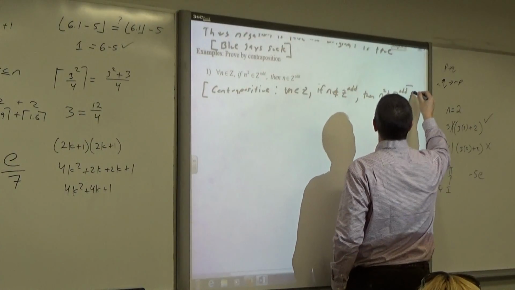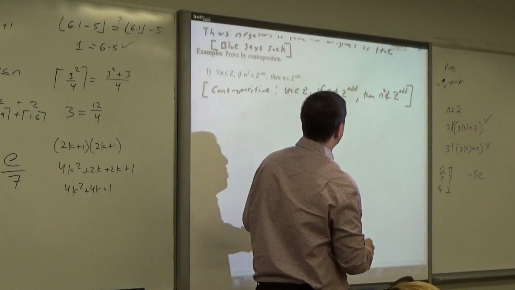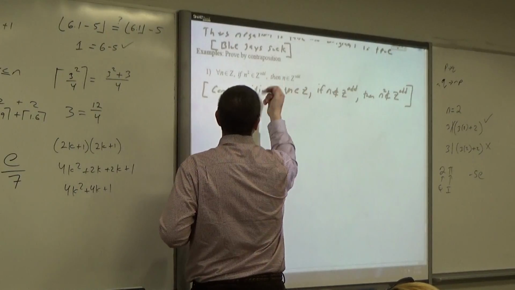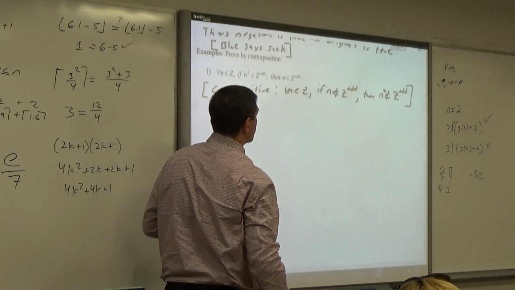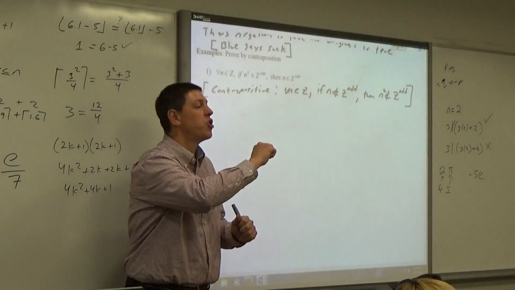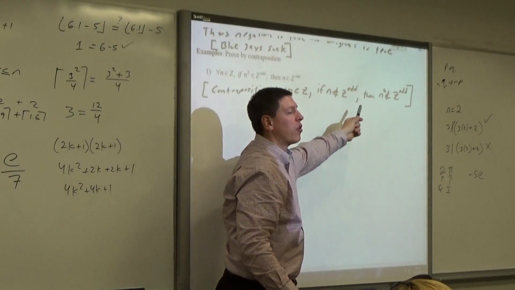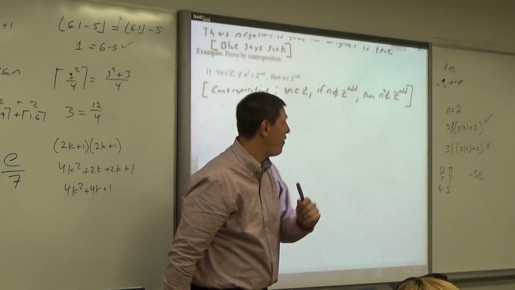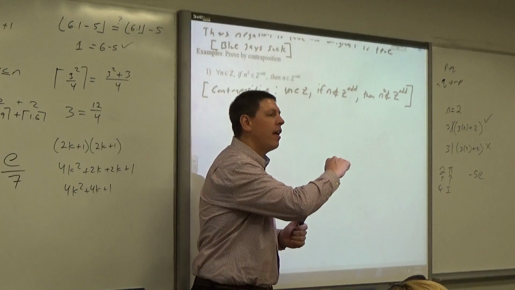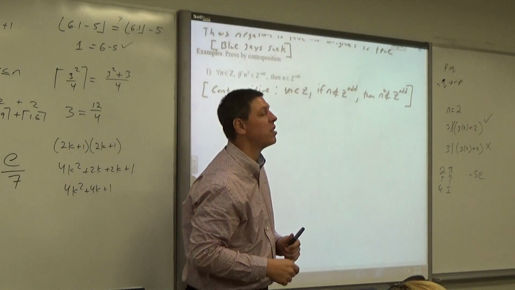Remember what contraposition says? Contraposition says that you flip the antecedent and the consequent and you take the negation. What's another way that we could write this? If n is even, then n squared is even. Nice, Greg.